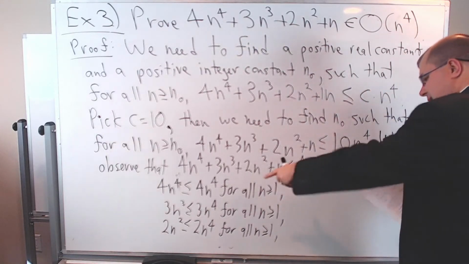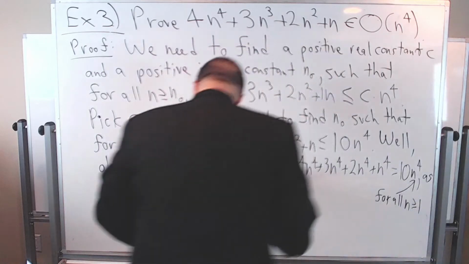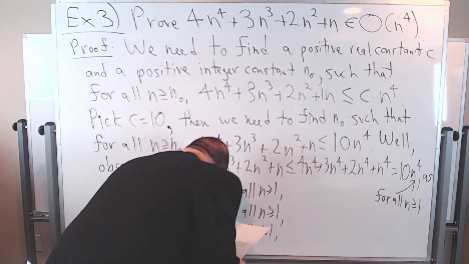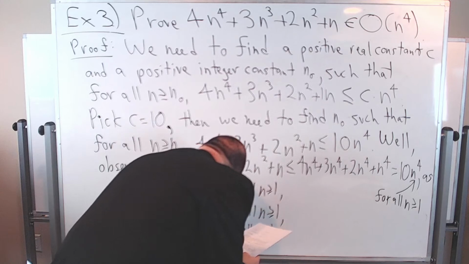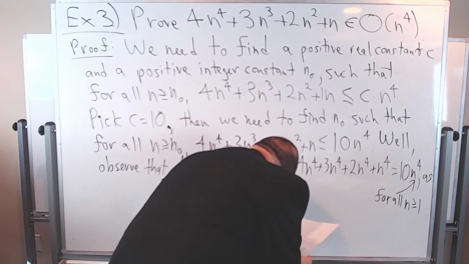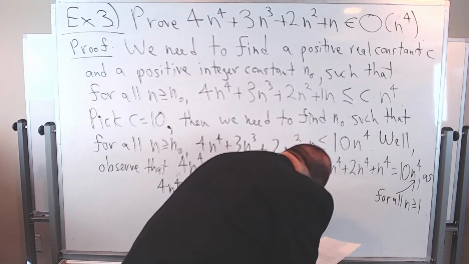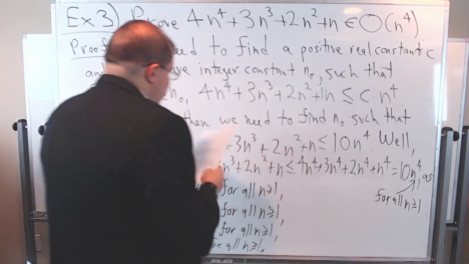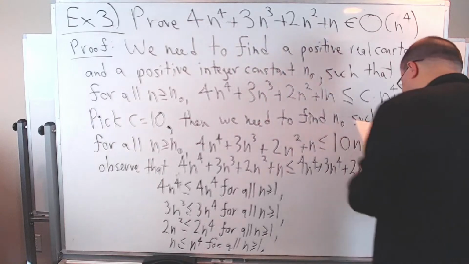Okay, so lastly, I need one last one here. N is less than or equal to... You can see how this gets very redundant after a while. But you should still try to do the work.